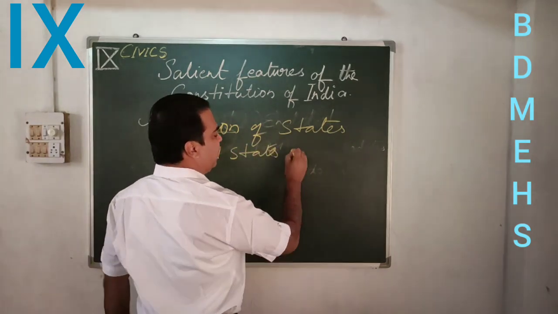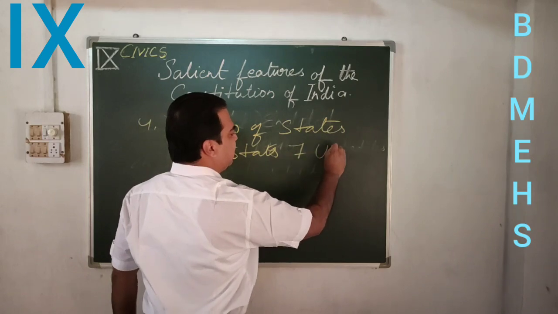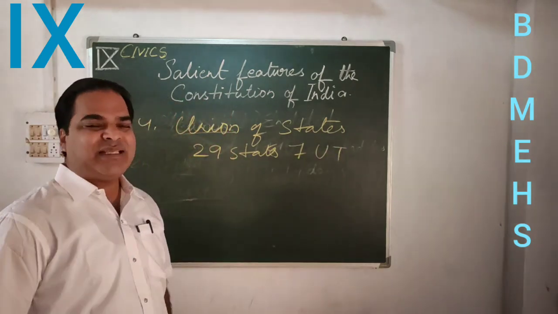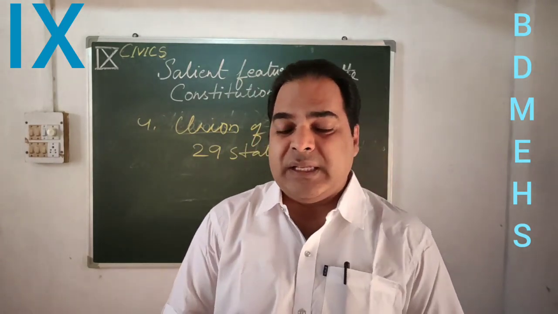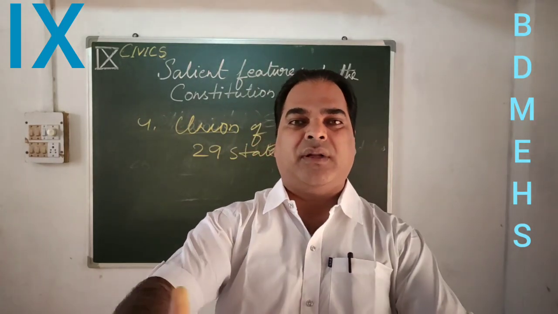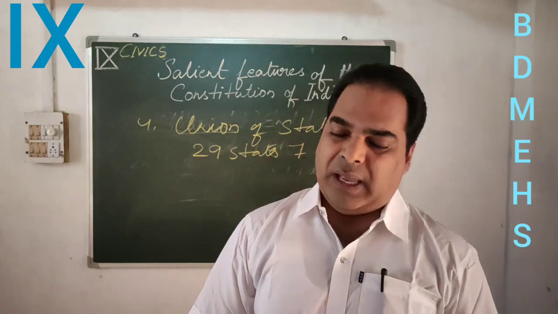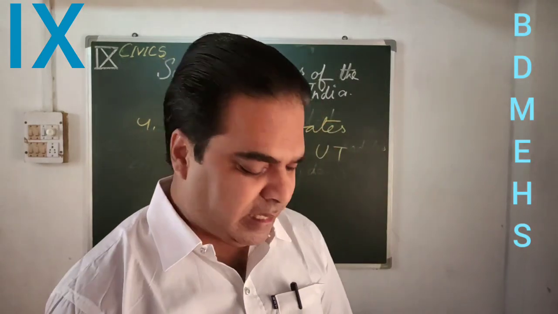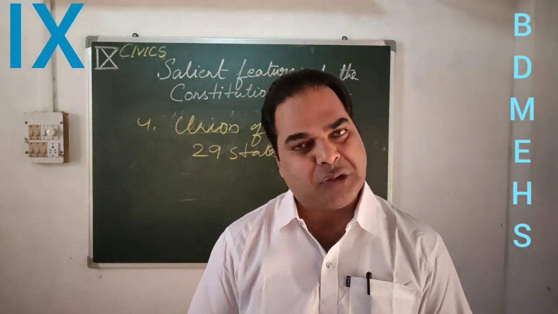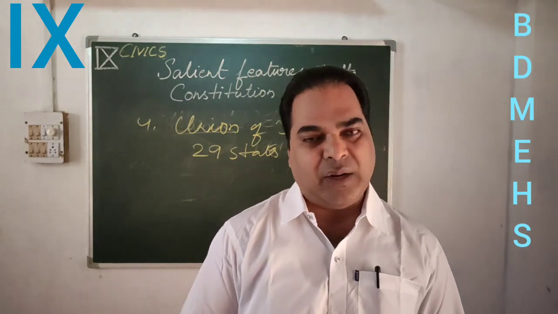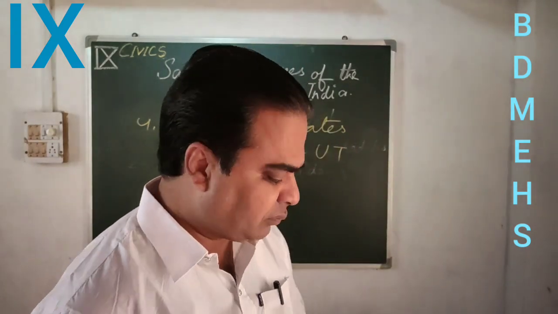And how many union territories? 7 UT. 29 states and 7 union territories. So it is a union. It is a union of all the 29 states along with the 7 union territories, which follow one constitution, one rules and regulations, and we are the citizens of this country.